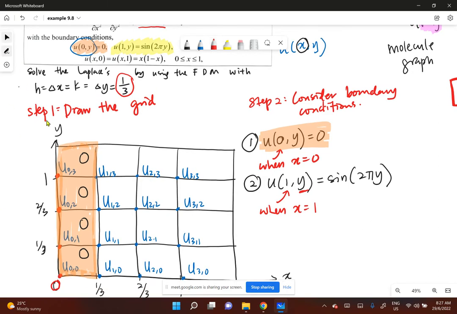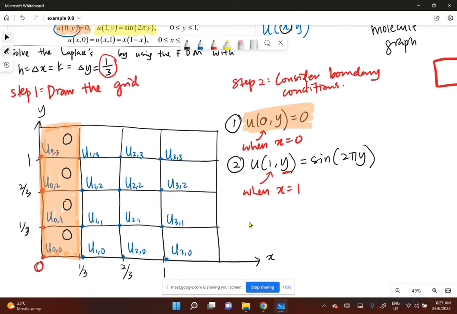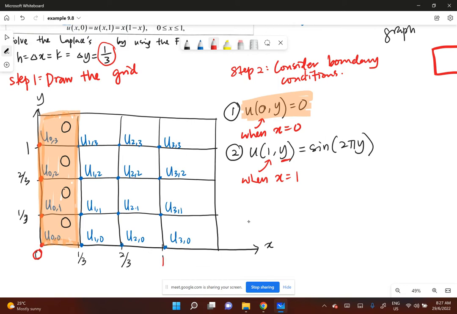So here x equals 1, meaning this point, this point, this point, this point, including U30, U31, U32, and U33. So I color it in here.